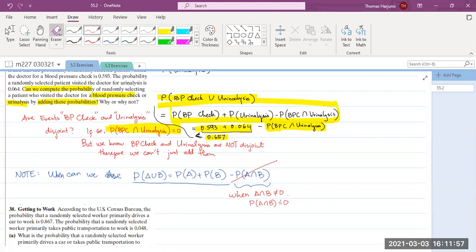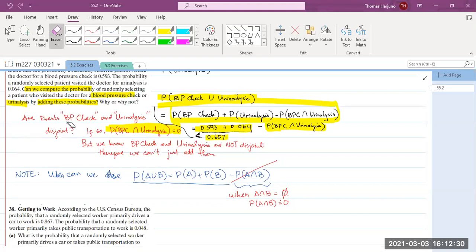I kind of marked it wrong. When those two events are disjoint, then the intersection will be the empty set, the probability will be 0, and consequently the probability of the union is equal to the sum of those probabilities.